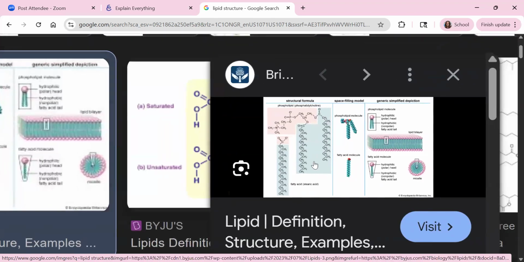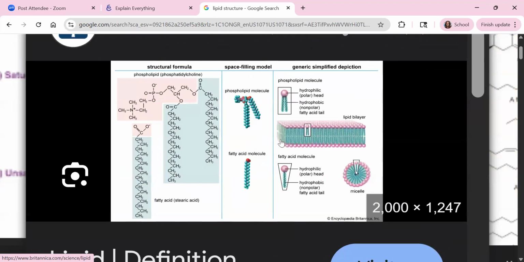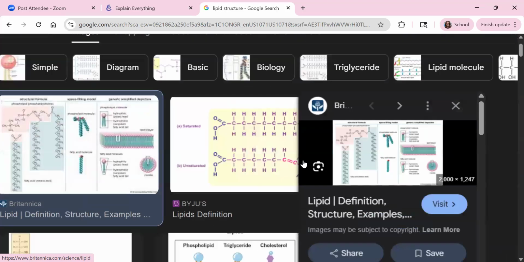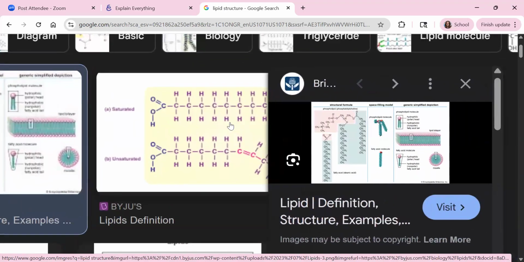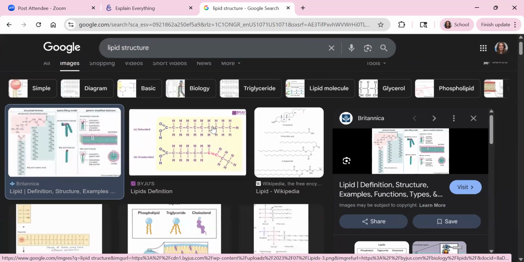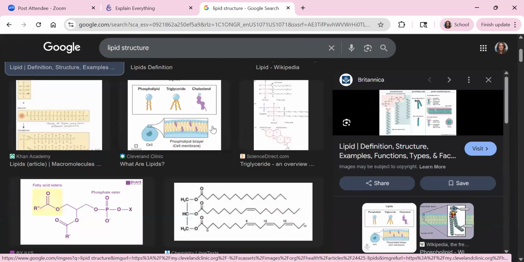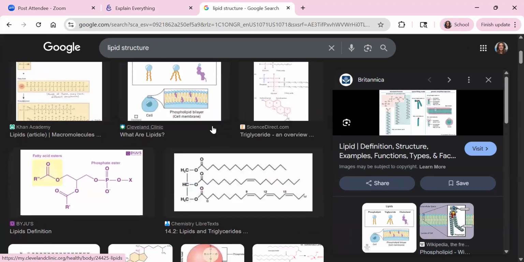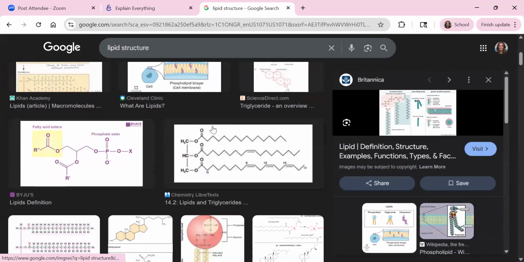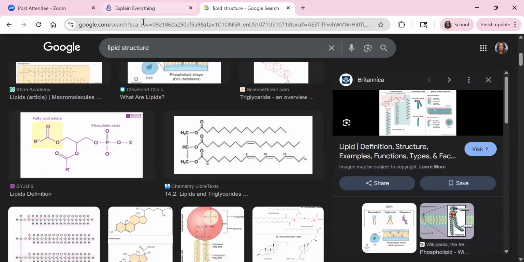And so that's how we get this phospholipid bilayer right here. Basically, if you see anything with a really long tail like this and a polar head, that's going to be a dead giveaway for a lipid. Does that make sense? Okay. I know you guys looked at triglycerides.